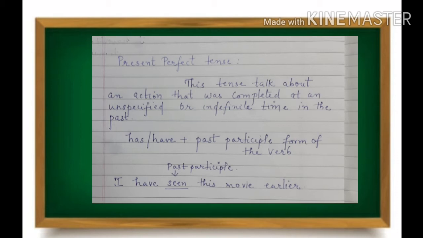So, what is the form of the sentence? Has or have plus the past participle form of the verb, right? Yes. Here I'll give you one more example. It is from your textbook. Rita has called Anna to a party. That means Rita called Anna at some time in the past.